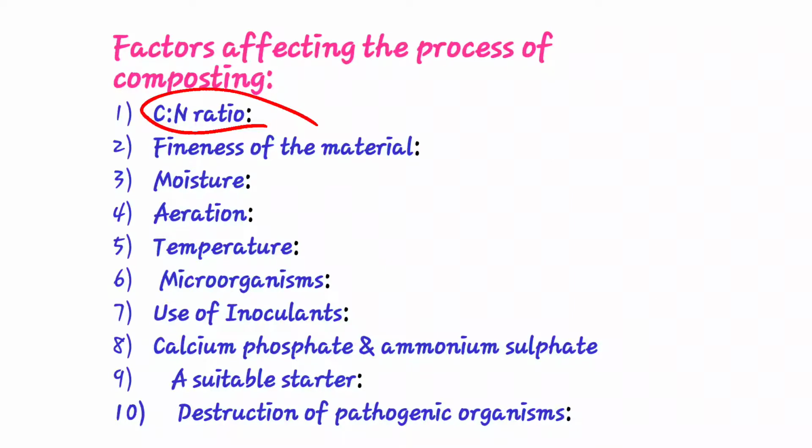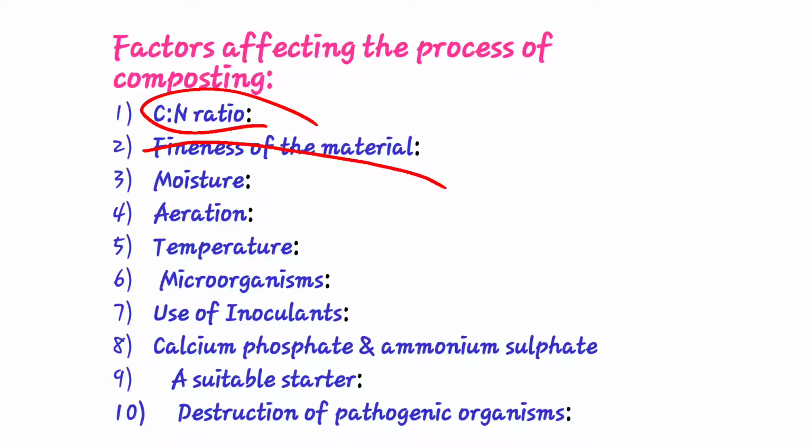Then second, that is fineness of material. Materials containing lignin take a long period of decomposition, so some material is easily decomposed and some material is not easily decomposed. It depends on which type of material is used for the decomposition process.